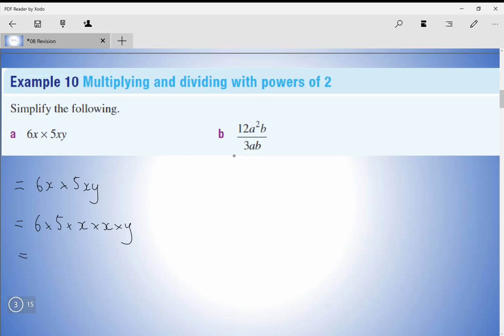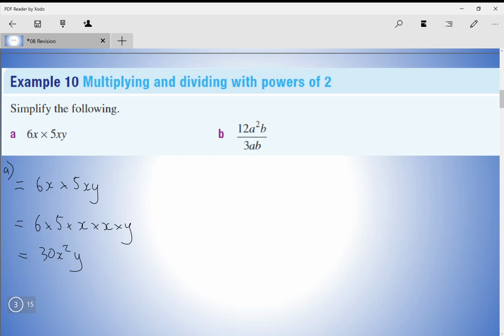So it's easier to deal with the numbers first. 6 times 5 is 30. Then we have x times x, which is x squared, and then we just have a y left over in the end. So this is how we multiply algebraic terms. We write it all out, all the individual terms, and just multiply everything together.